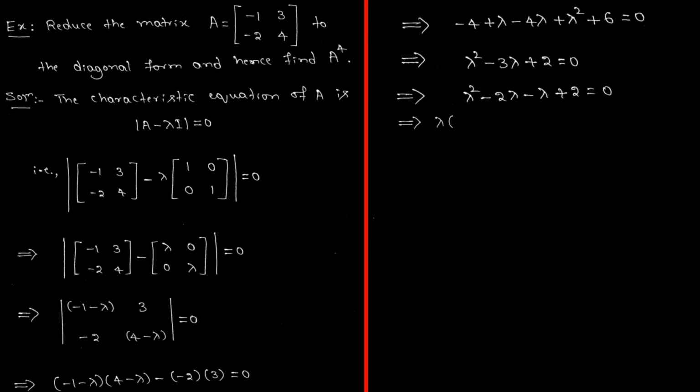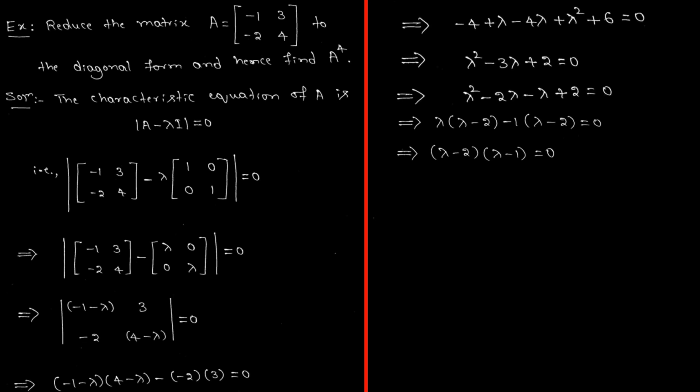From these two, if you take lambda outside, you get lambda minus 2. As I said, we take the minus sign outside from these two, and you get lambda minus 2 inside. Now we have these two as common. Let us take these as the common factor.